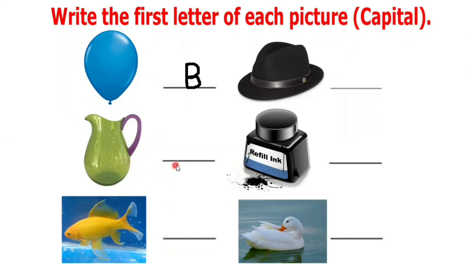So here in the jug, what is the first sound you are listening? J. Which letter is giving J sound? J. So J for jug. So you have to write letter J. What is the first letter of jug? J. J for jug.